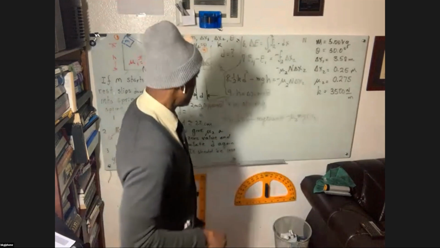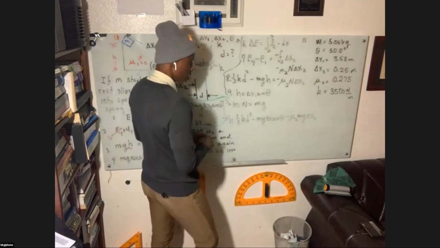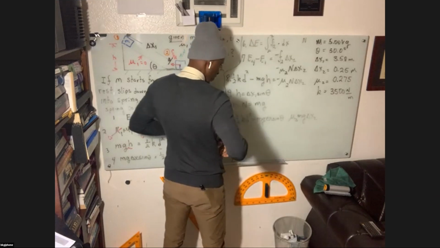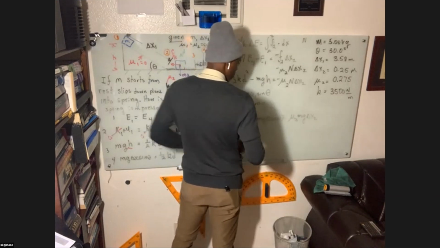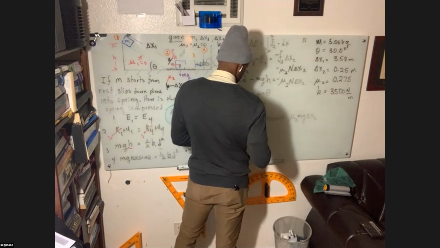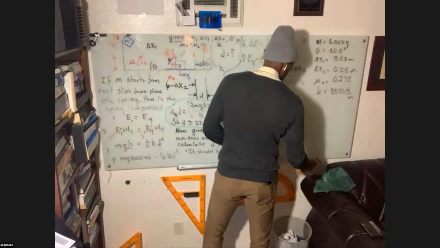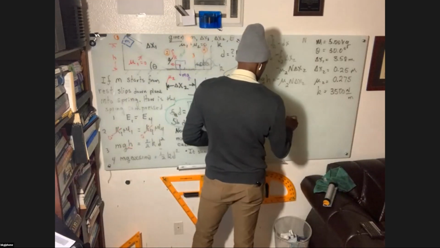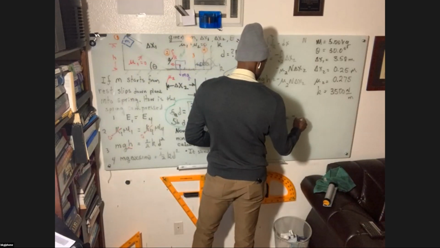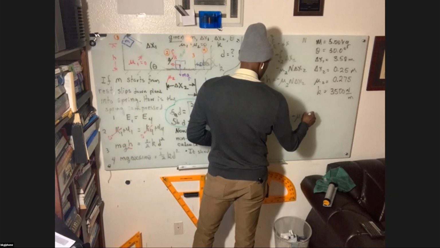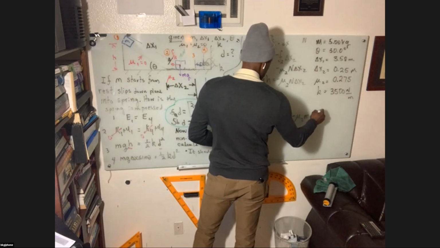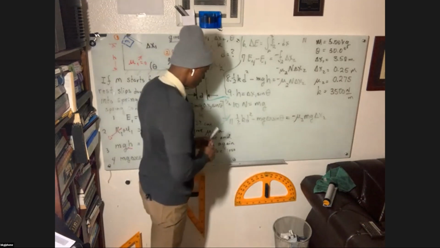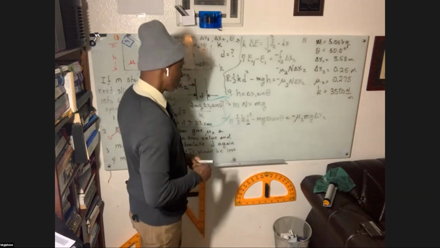There you go. And the only unknown in all of that equals, third time's a charm, equals minus mu2 mg delta X2. Now the only unknown in this equation is this guy. So we just solve for it.